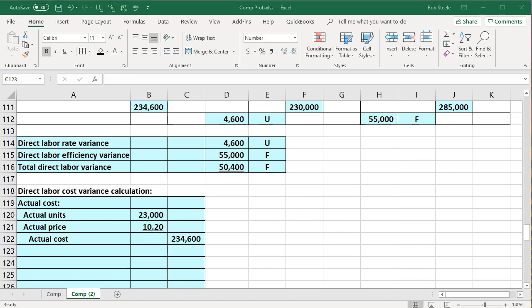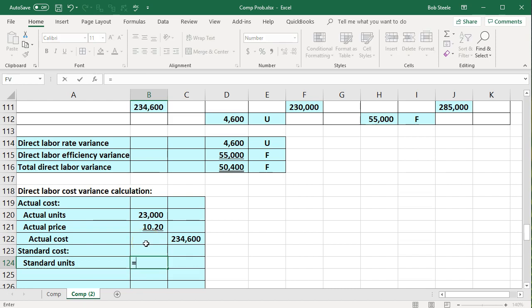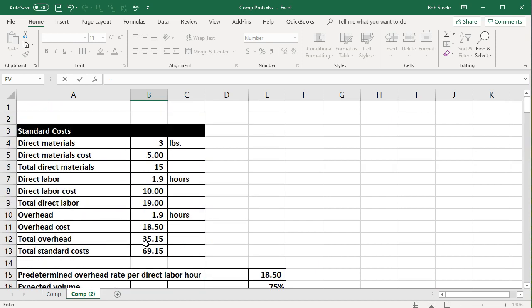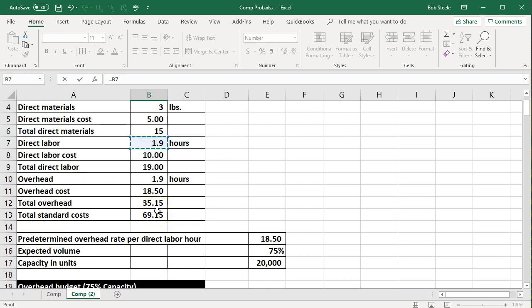Then we're going to get the standard cost. So we'll take the standard cost, and it's going to be the standard units. So the standard units, if we scroll up to the top, is going to be 1.9 hours per unit times 20,000 if we were at capacity, but we're only operating at 75% of that, 15,000.